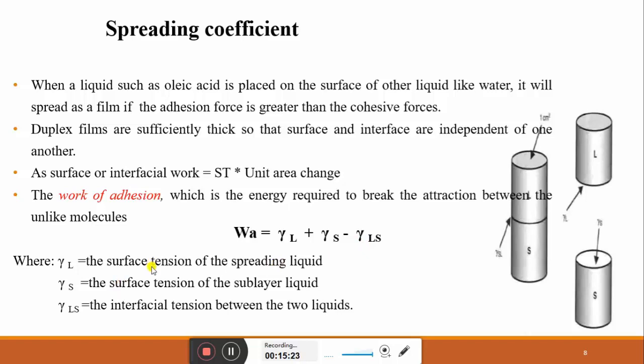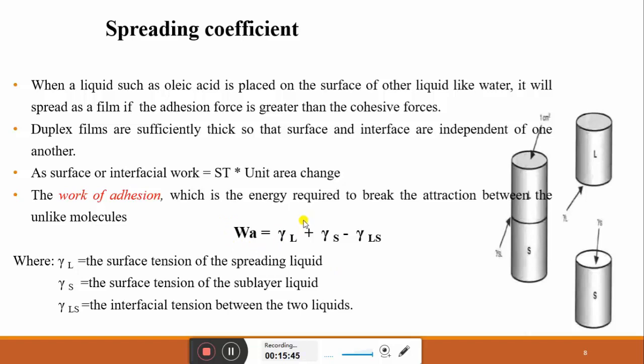Gamma L stands for the surface tension of the spreading liquid, that means oleic acid. Gamma S stands for the surface tension of the sublayer liquid, for example water. And gamma LS is the interfacial tension between the two liquids. This is called the work of adhesion.